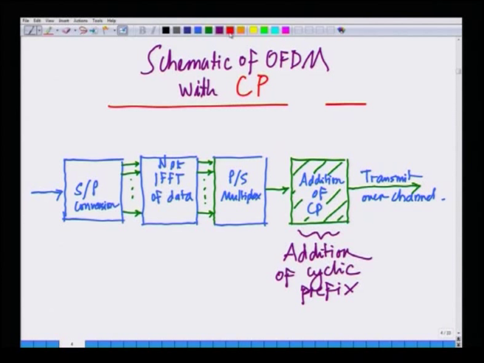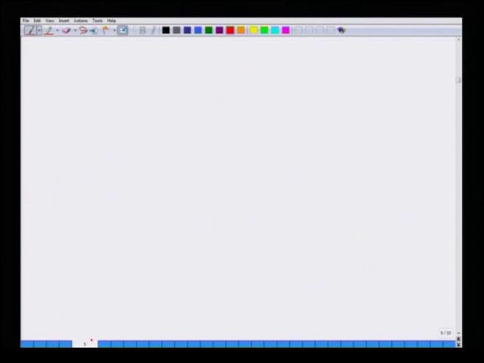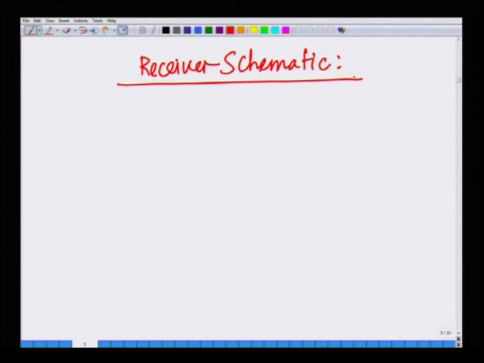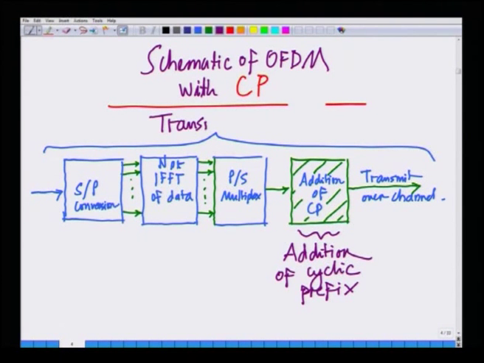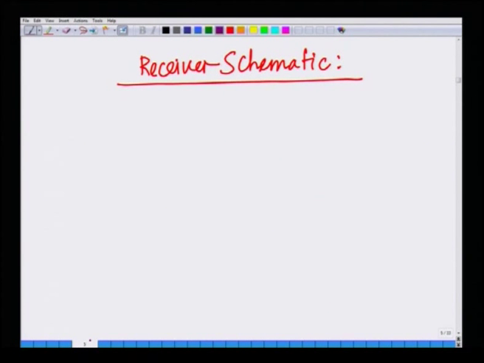All right. So, how does the receiver schematic corresponding to this look like? This is the transmitter schematic, and how does the corresponding receiver schematic look with the addition of the cyclic prefix?